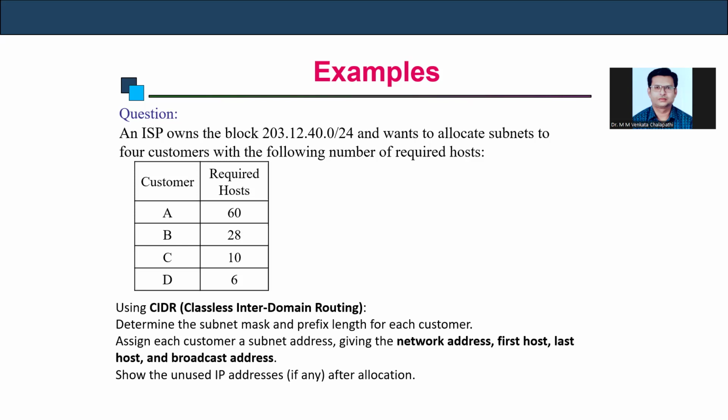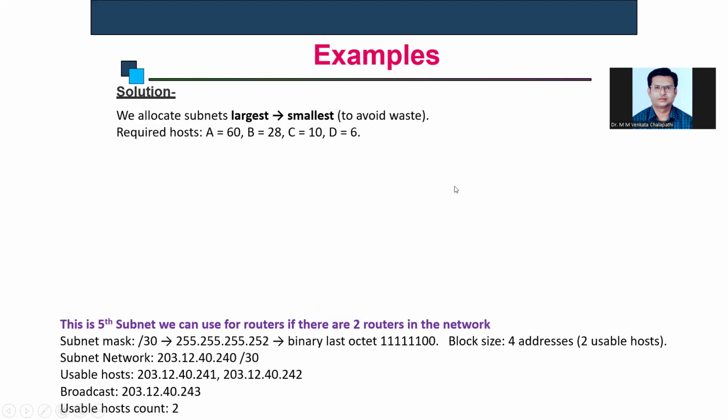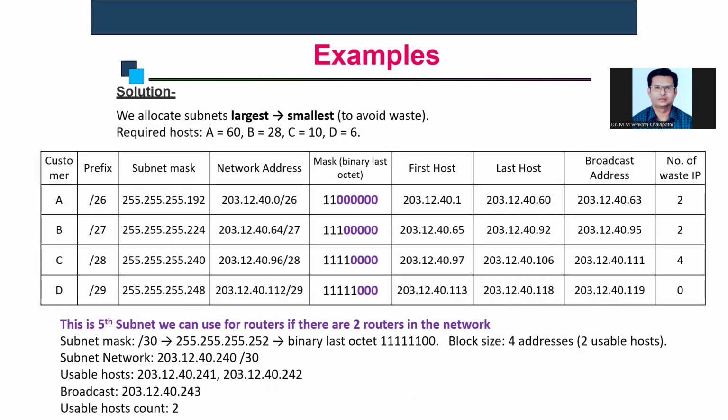So let me explain the answer for this. We need to arrange the customers according to their requirement in ascending order. A requires 60, B requires 28, so they are already in ascending order.